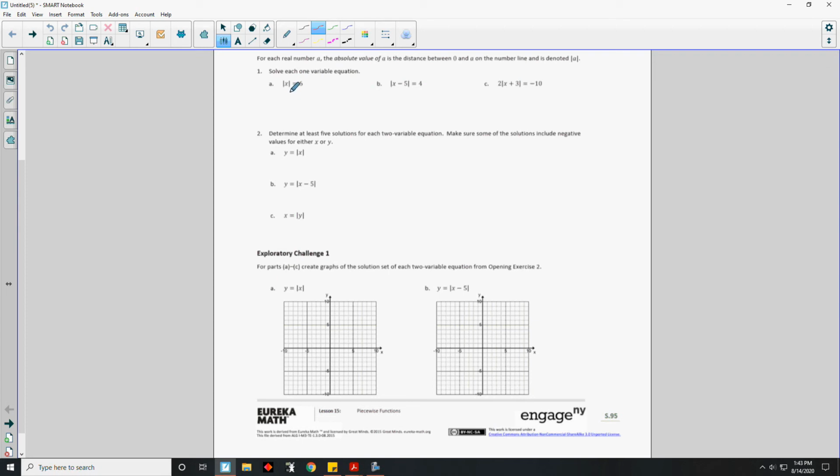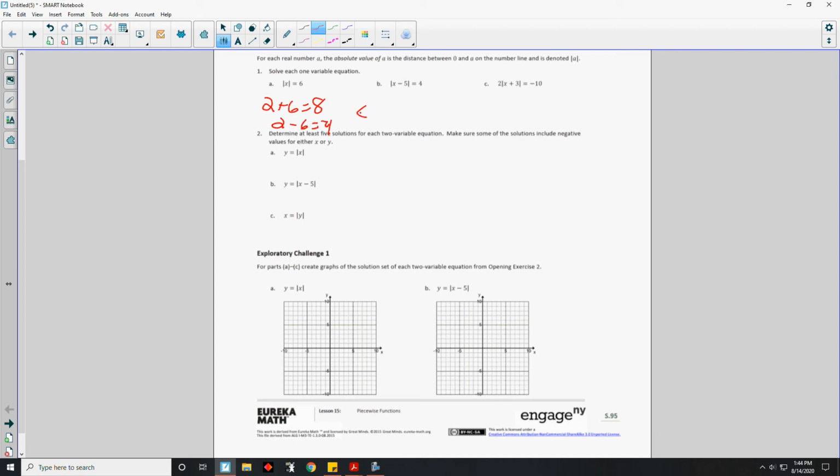So for example, if x was 2, and I told you that it was 6 units to the right, then you would say, well, 2 plus 6 is 8. But if I told you it was 6 units to the left, you'd say, well, 2 minus 6 is 4. So negative 4, I'm sorry. So I know that 8 and negative 4 are both 6 units from 2.